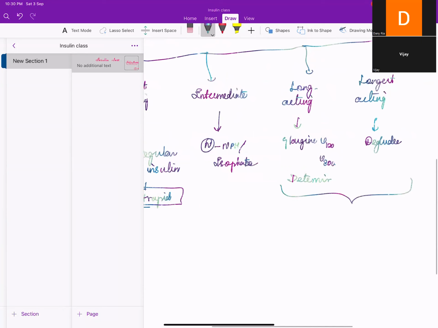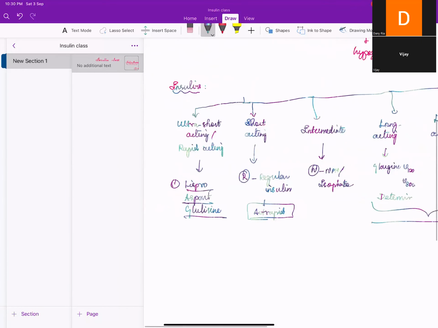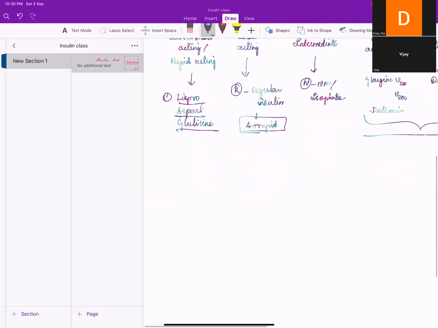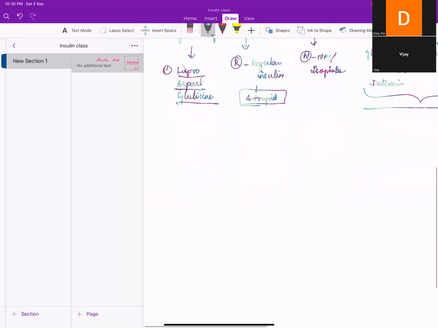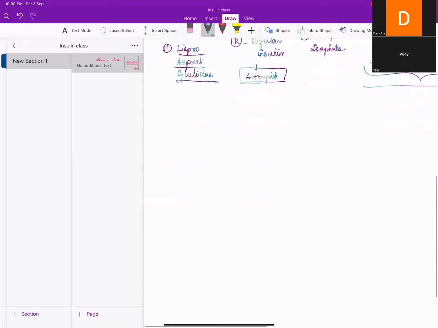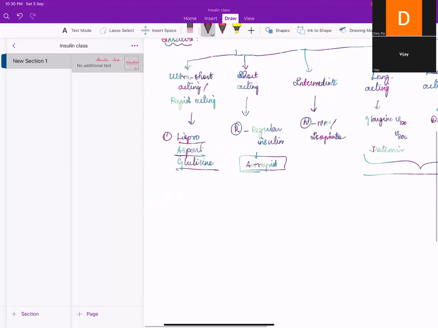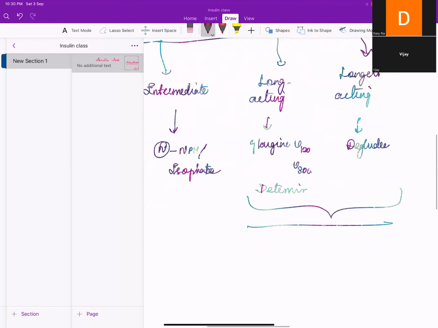So long acting: glargine U100, U300, detemir; longest acting is degludec.